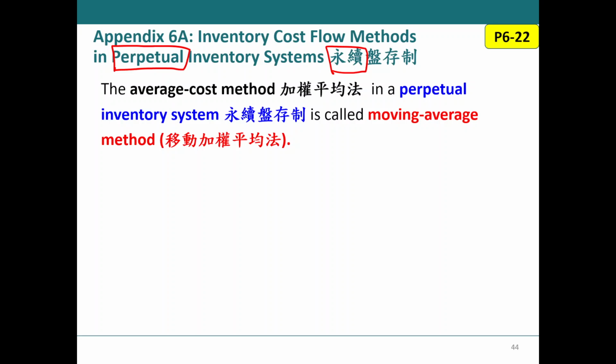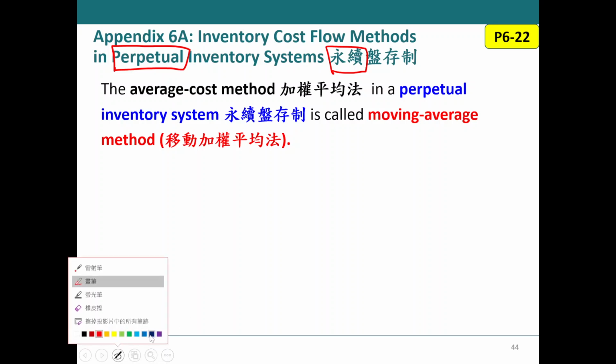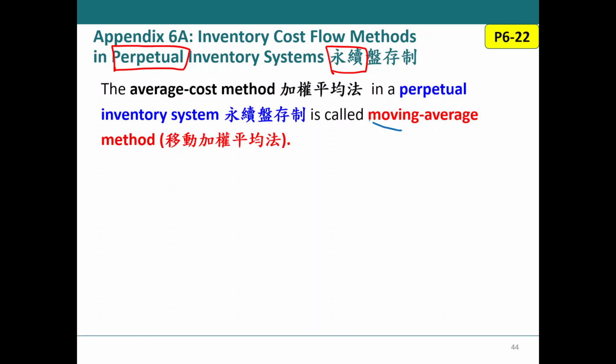For perpetual, when we use the weighted average method, we call it moving average method, 移动加权平均法. Why is that?